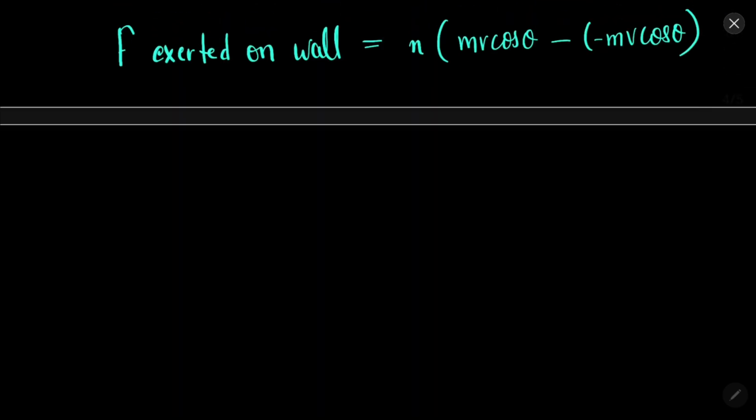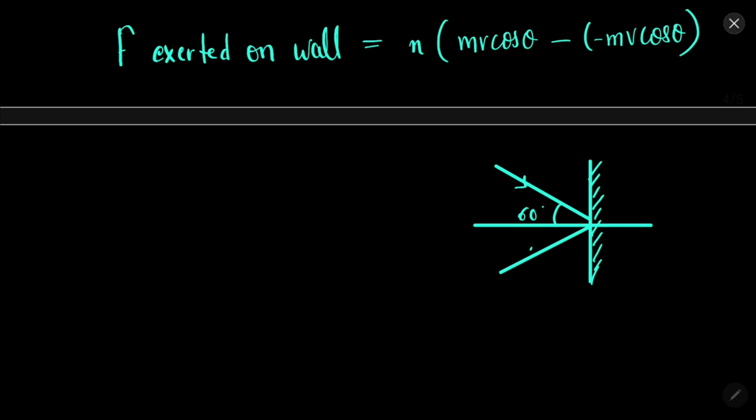How? Let's say this is the wall, and this is the normal. Let's say the light ray is coming at a 60 degree angle, and obviously it will go out at the same angle, 60 degree. So the momentum given to the wall will have two components.